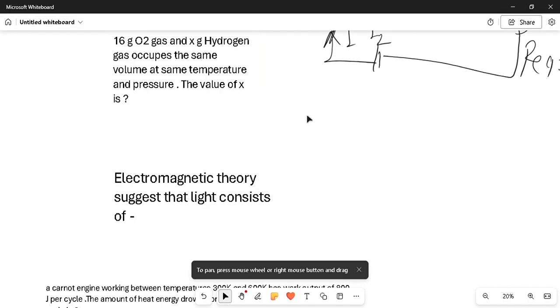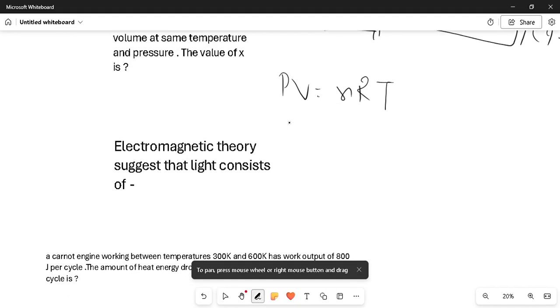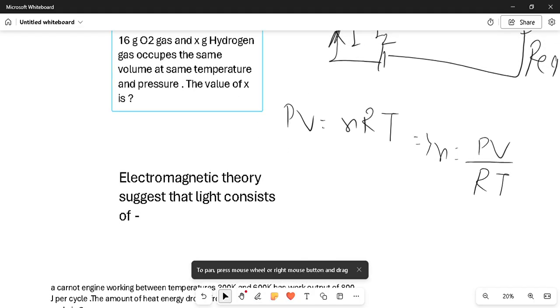From the ideal gas equation we can write PV is equal to nRT, so n is equal to PV by RT. Since the two gases occupy the same volume at the same temperature and pressure, their mole number will be the same.